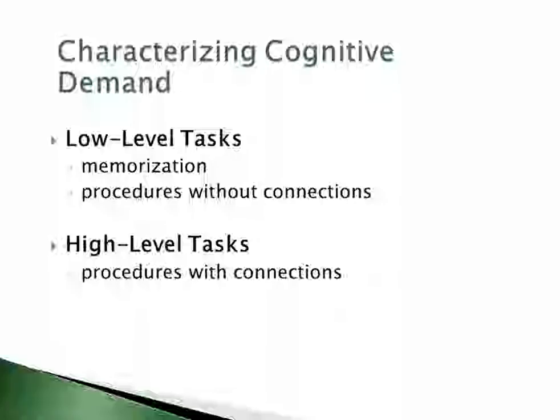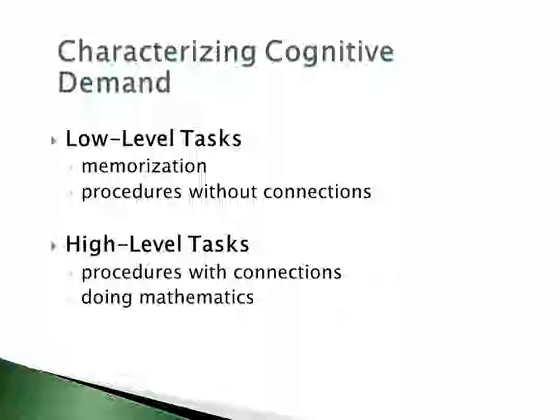Another type of high-level task involves what is called doing mathematics. When students do mathematics, they are actively involved in exploring, investigating, modeling, conjecturing, and verifying. Doing mathematics requires complex and non-algorithmic thinking.